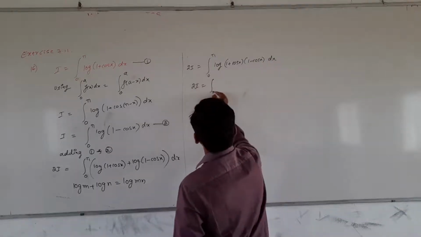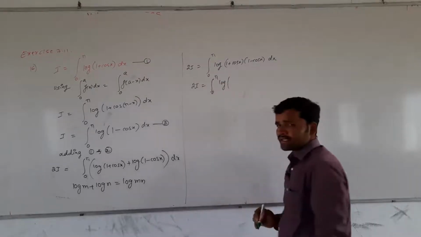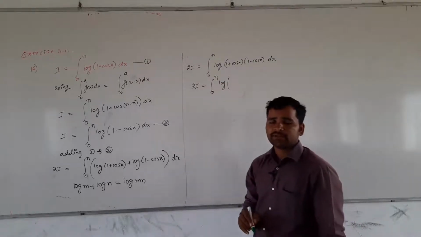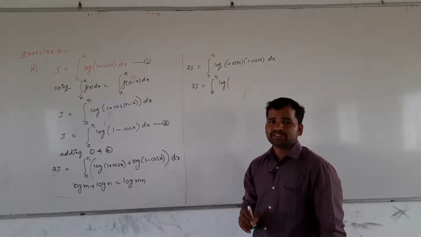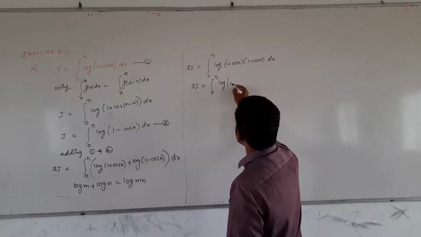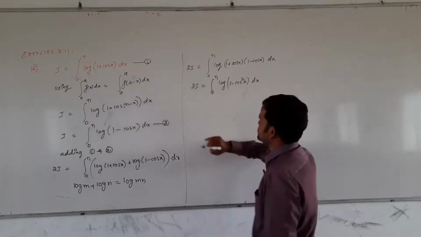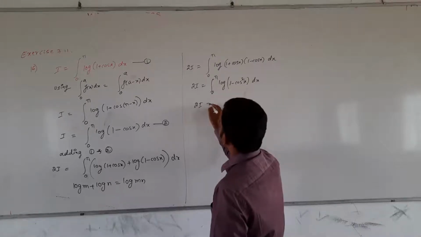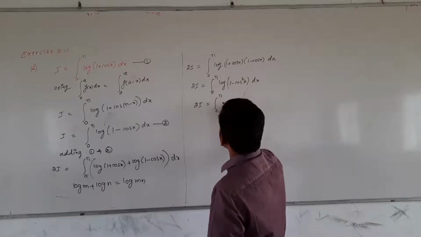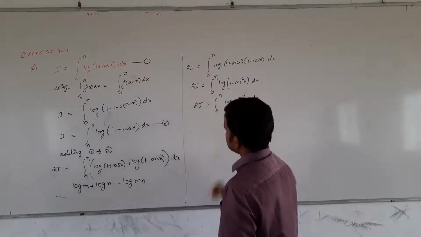2I is equal to integrating from 0 to pi log of, you see it is in the form a plus b into a minus b. A plus b into a minus b is a square minus b square, 1 minus cos square x into dx. 2I is equal to integrating from 0 to pi log of 1 minus cos square means log of sin square x into dx.